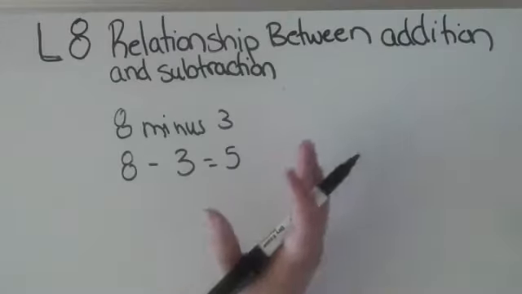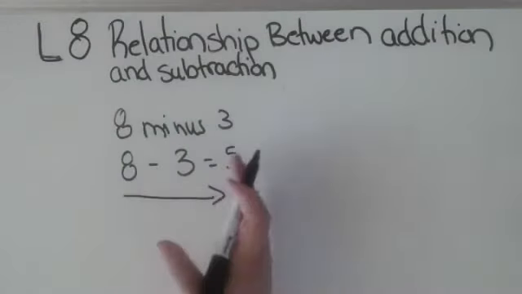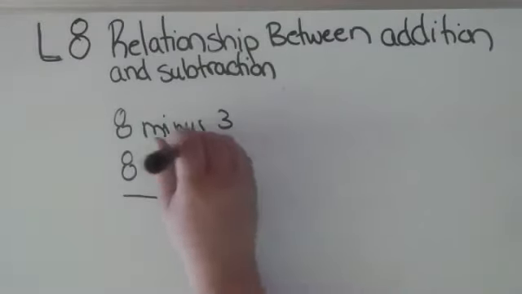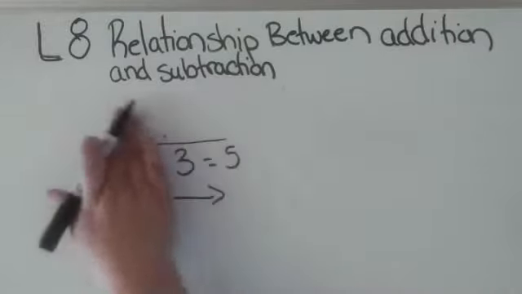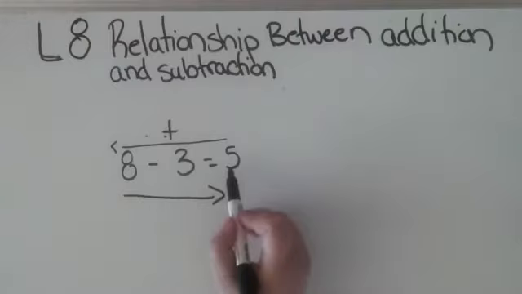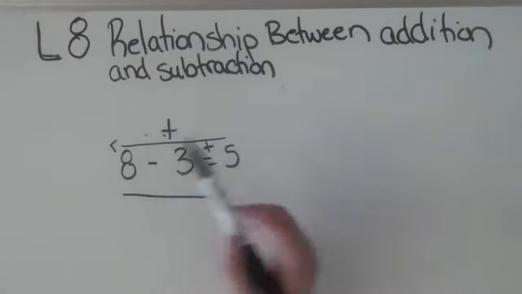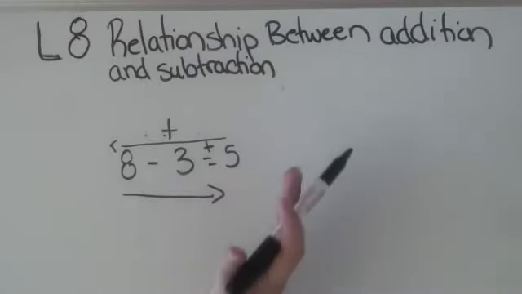Okay, so our relationship with addition in this case is that going this way, when you read it, it is subtraction. If I were to go the opposite way, it would be addition. So if I did 3 add 5, I would get 8. So this is the relationship between addition and subtraction.